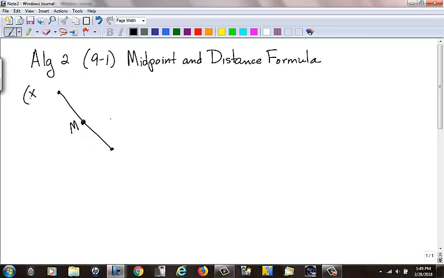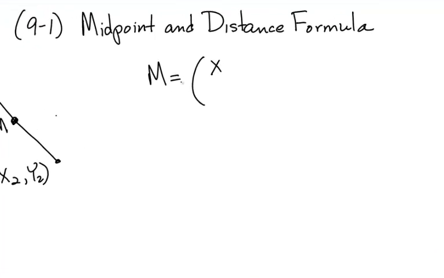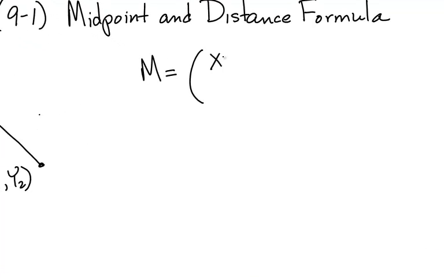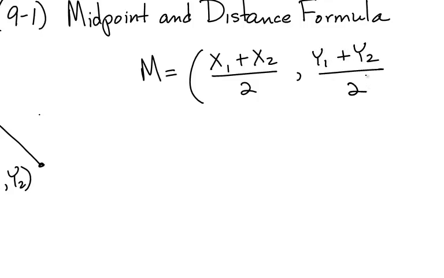So if they label this as x sub 1, y sub 1 as one point, and this one is x sub 2, y sub 2, and the uppercase M for the midpoint, the formula is M equals, add the x's, because midpoint is in the middle, so it's like an average. You add the x's together and divide by 2, and you add the y's together and divide by 2.